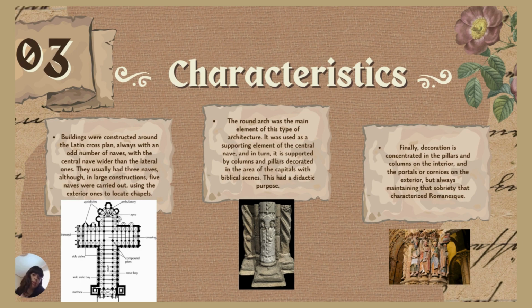In addition to this, the apse, the ambulatory, was also included, and semicircular, as we saw in this image, is a semicircular hallway through which the lateral naves were prolonged to the head. This first image could explain better.